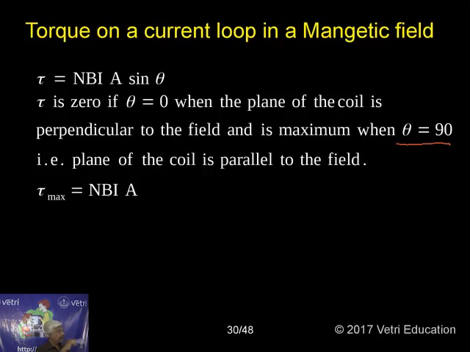When the plane of the coil is perpendicular to the field, the angle between these two is 0. Very clear? Therefore, tau maximum is NBIA. There is a torque on a current loop in a magnetic field.